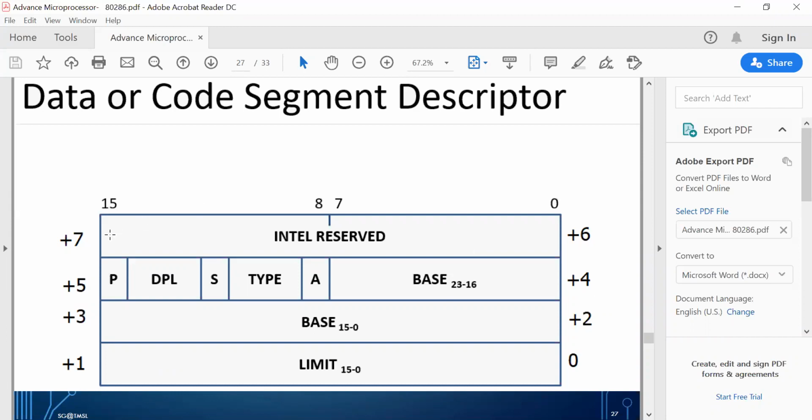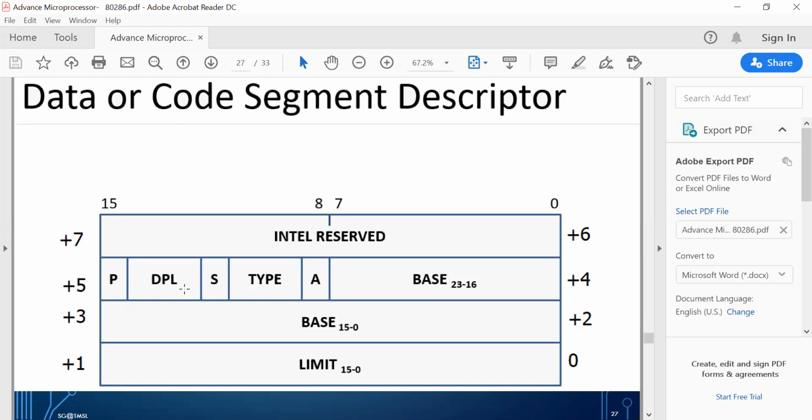So 0 to 7, these are bytes, and this is 16 bits wide, 0 to 15. So 16-bit information is stored in this position, and in this middle position: A, type, S, DPL, and P. Actually, these are called the access rights bytes.